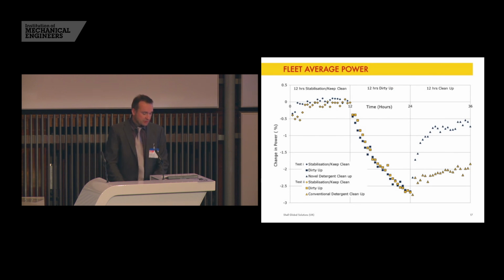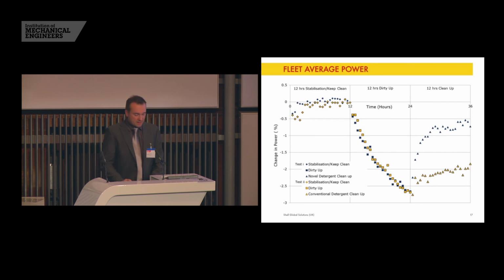So this plot shows fleet average change in power for the two tests. In the blue markers we have the tests where novel detergent was used in the clean-up phase, and the yellow markers show the results of the test where conventional detergent was used in the clean-up phase.